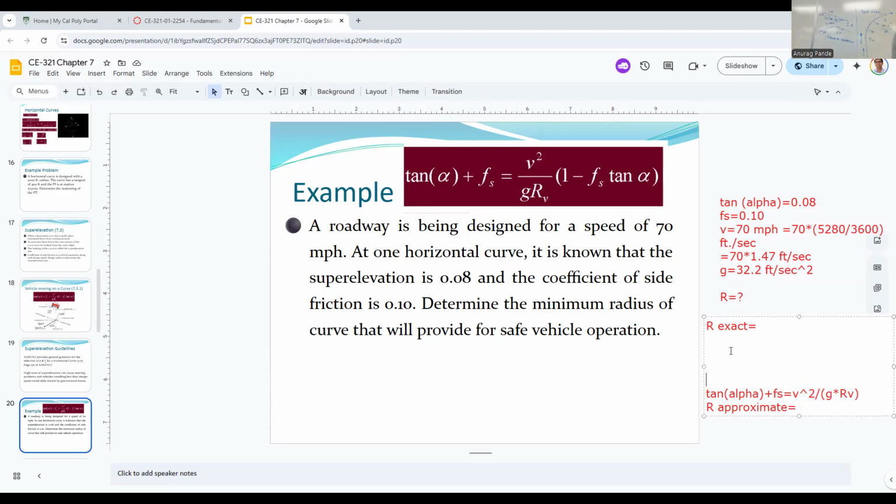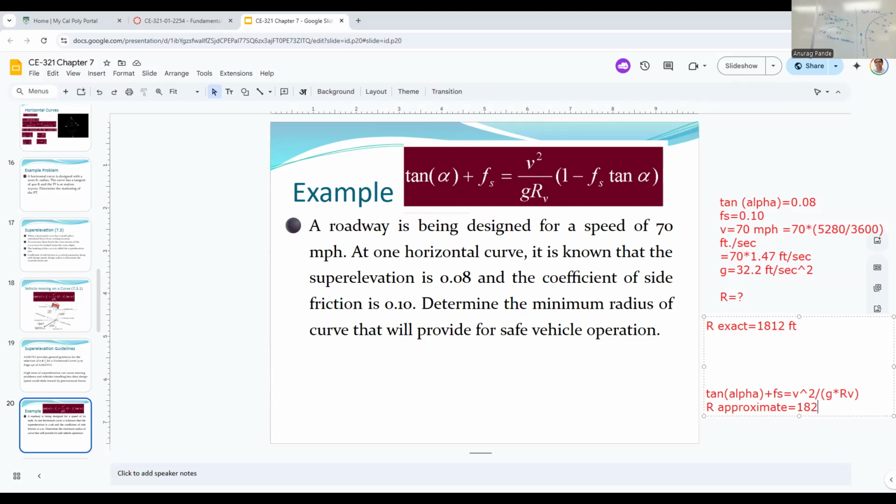All right. So R exact, anybody? 1,812 feet. That's good. Does anybody have R approximate? Could be an easier calculation. 1,827 feet. All right.